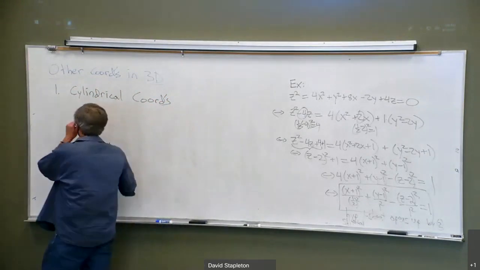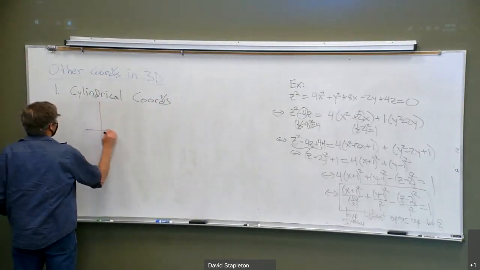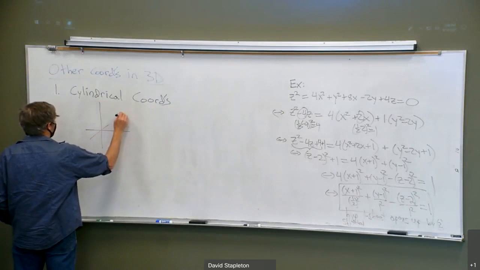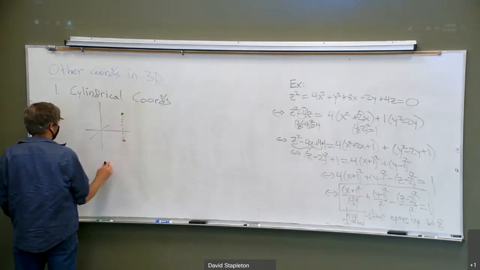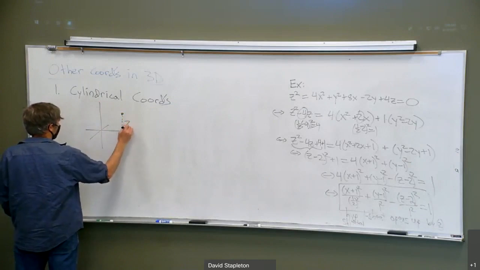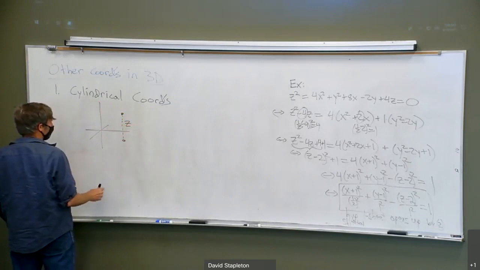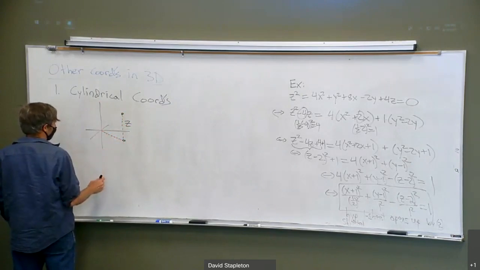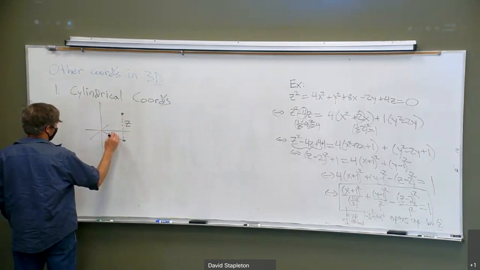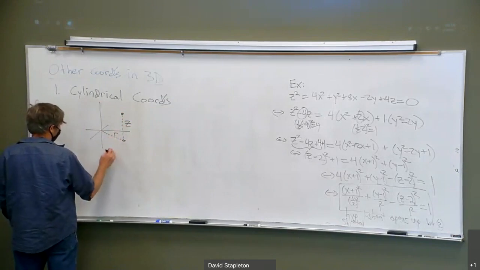Cylindrical coordinates are this in 3 dimensions. What you do is you take any point, you drop a perpendicular down to the xy plane. Call that distance to the plane z. When you draw this line segment within the xy plane back to the origin, call that distance r.